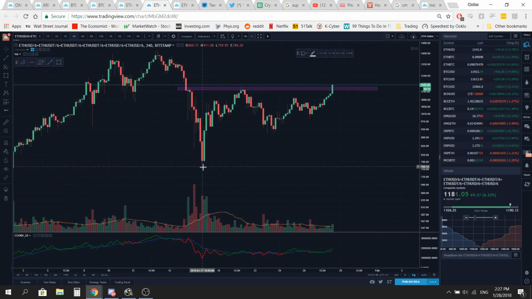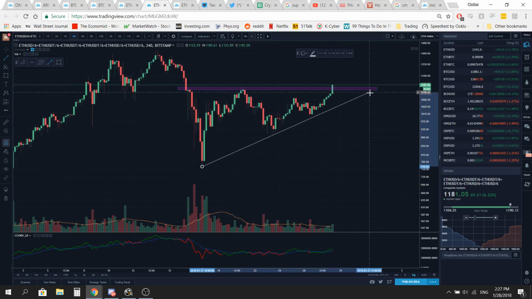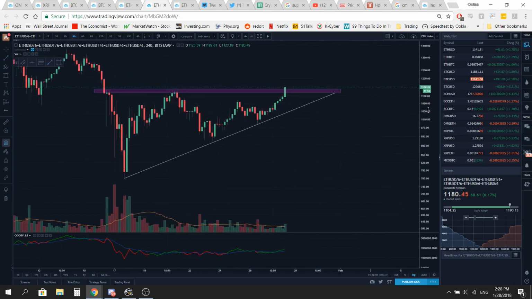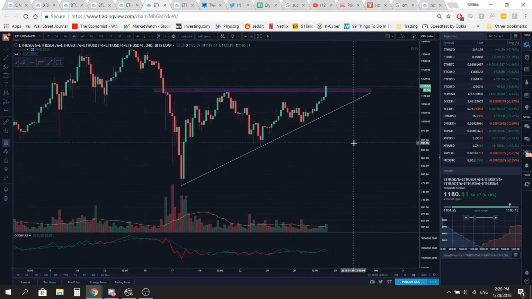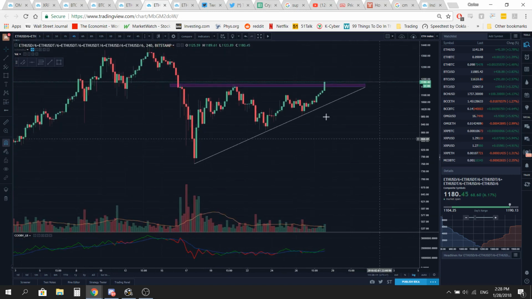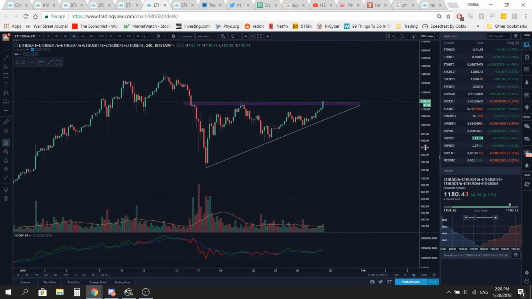I'm going to draw our trend line here to the triangle, just like that. I like my stuff to be straight, so let me fix this resistance zone here. Alright, so that's the basic triangle drawn.